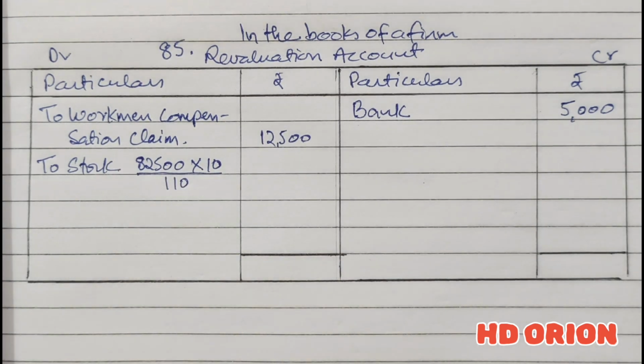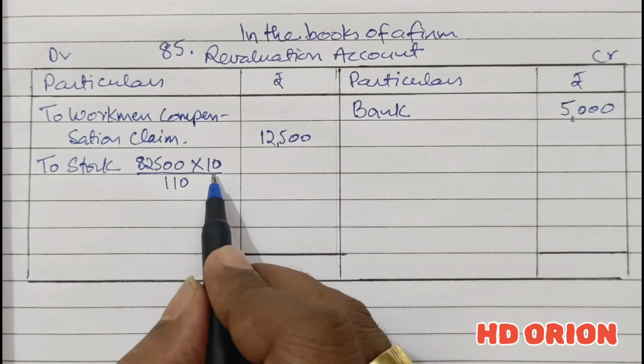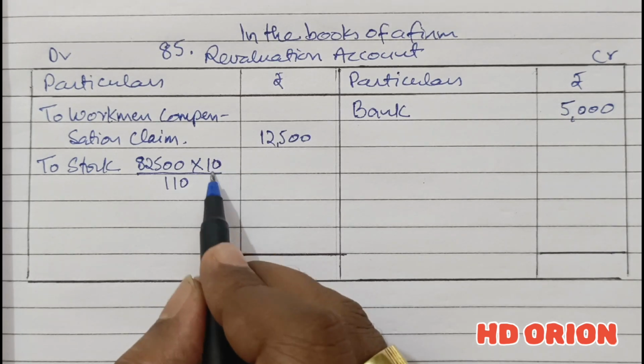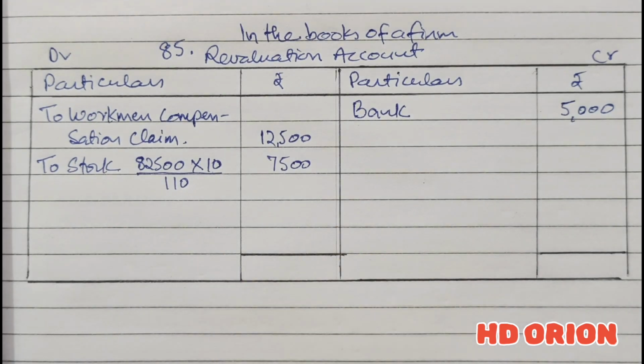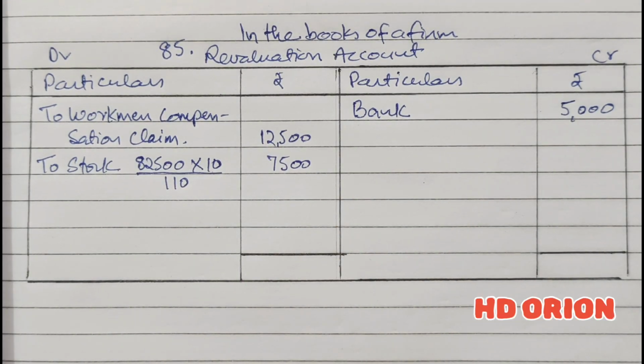So we will divide it by 110 and then find the difference, that is 10%. So it is 7,500. It means that 75,000 worth of stock is shown in the books at rupees 82,500. So we have to bring it down to rupees 75,000 by reducing it by 7,500.